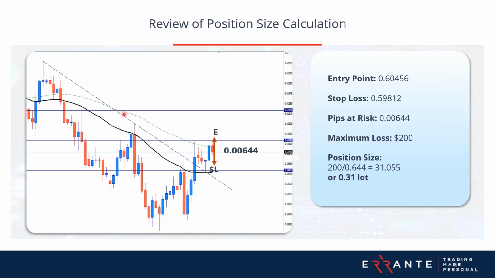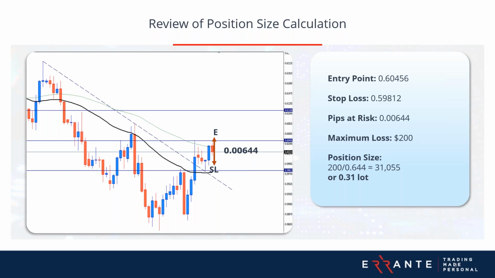It doesn't matter what currency pair it is. So this means that given our stop loss distance and a risk tolerance of $200, we should open a position of 0.31 lots.